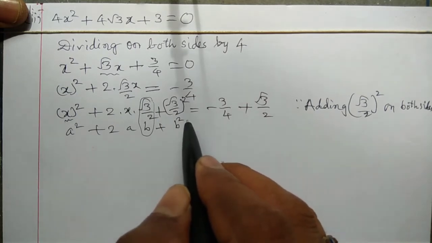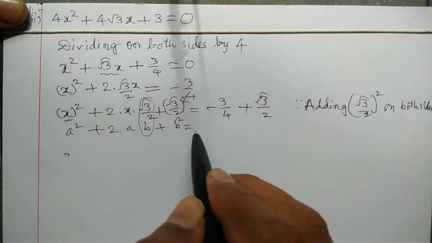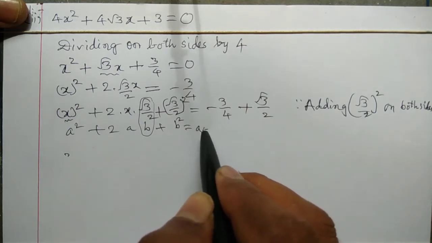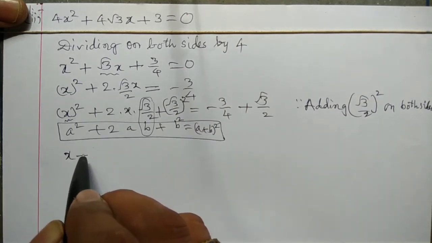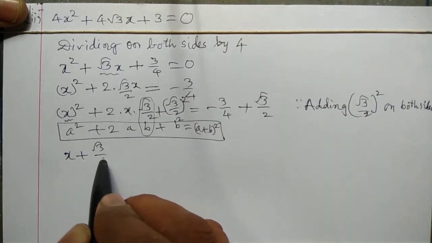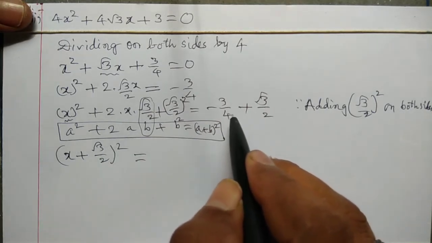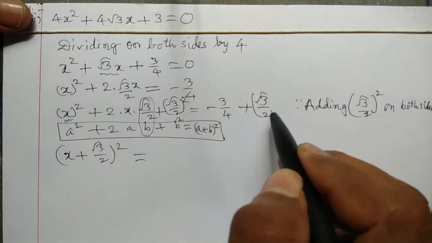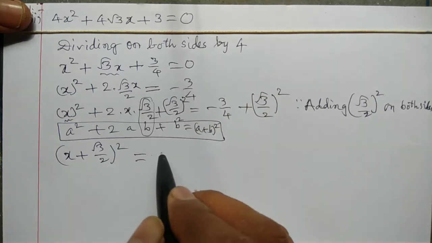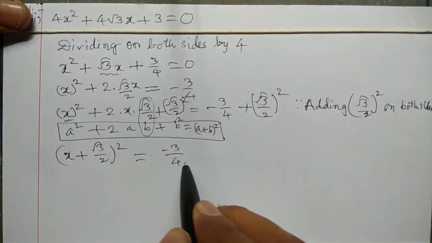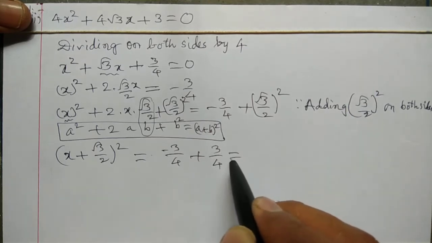Then we can write (a + b) whole squared: (x + √3/2)² = (√3/2)² − 3/4, which is 3/4 − 3/4.